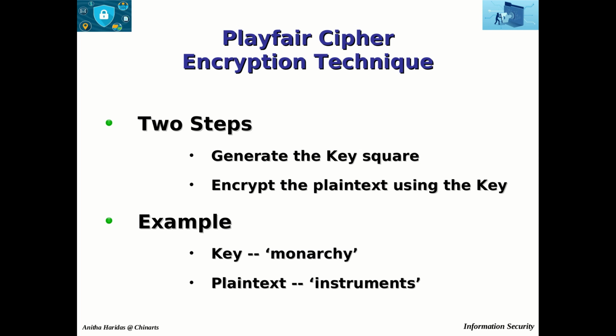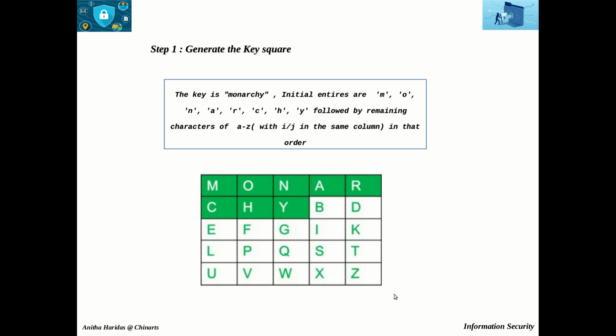Now we are going to drop these letters into the matrix for generating the key square. So we are going to take this example. The key value we have decided is MONARCHY, and the plain text will be INSTRUMENTS, which we want to encrypt.